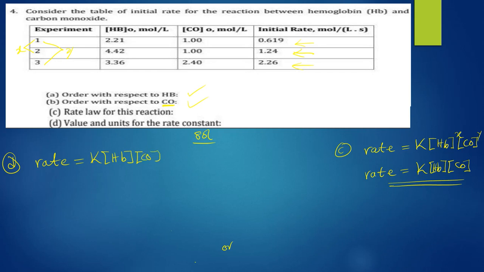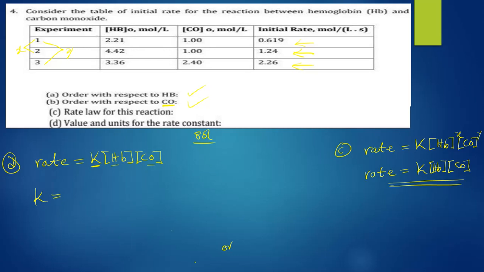Our aim is to solve for this. How can you make this k the subject of the formula, which is the rate constant they want? We are going to divide both sides by the hemoglobin concentration and the carbon monoxide concentration.